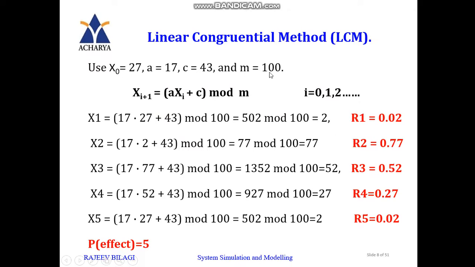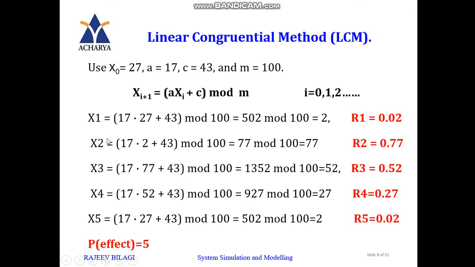Using x naught in this equation, x1 equals 17 into 27 plus 43 mod 100. If you calculate this, you get 502 mod 100 equals 2. So 2 is a random integer. To convert this, R i equals x i by m, so 2 divided by 100 gives 0.02.